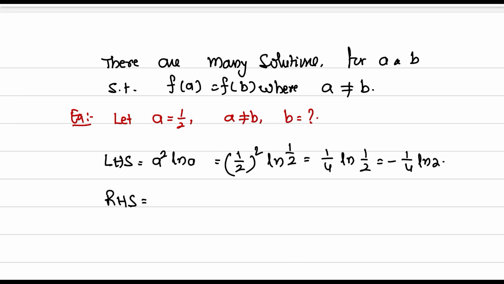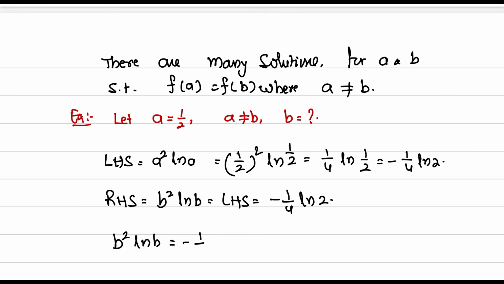B value we have to find out. B square ln b is equal to left hand side, that is equal to minus 1 by 4 ln 2. We have to find out b such that b square ln b is equal to minus 1 by 4 ln 2.